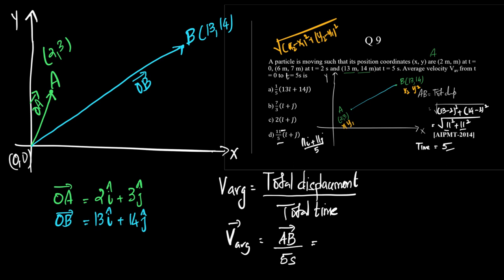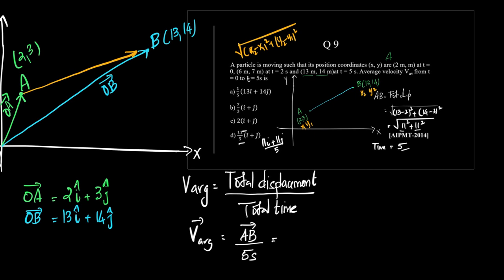Now, this is where the concept of vector comes into the picture. So this is vector AB, right? We have vector OA and we have vector OB. So from the triangle of vector addition, how can we write this?